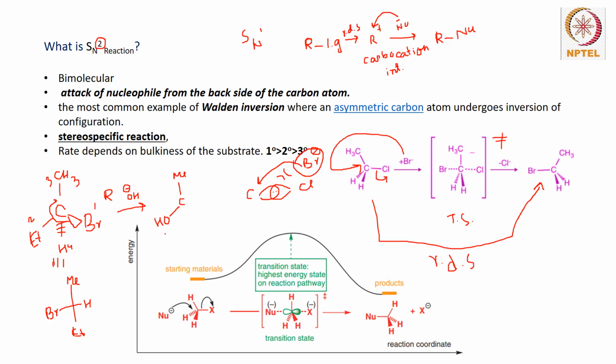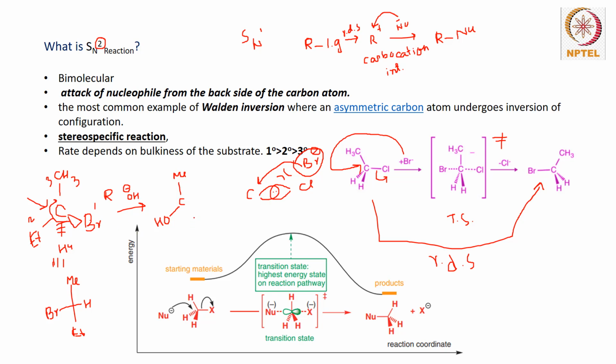So it's coming from this side, so there will be an inversion. Suppose it's an umbrella. If the wind is coming from the side where you are holding the stick, then the umbrella will be totally folded to the other side. It's also called the umbrella effect.